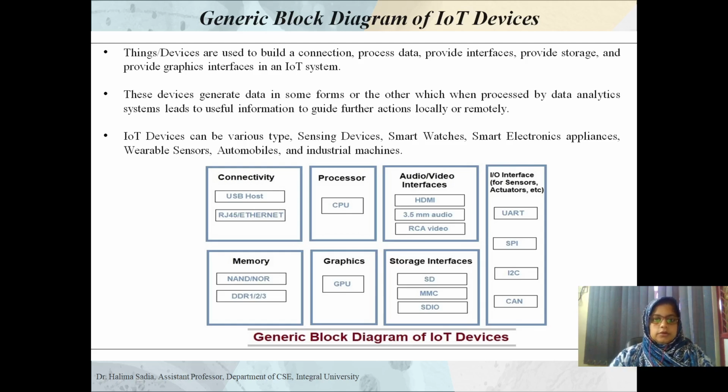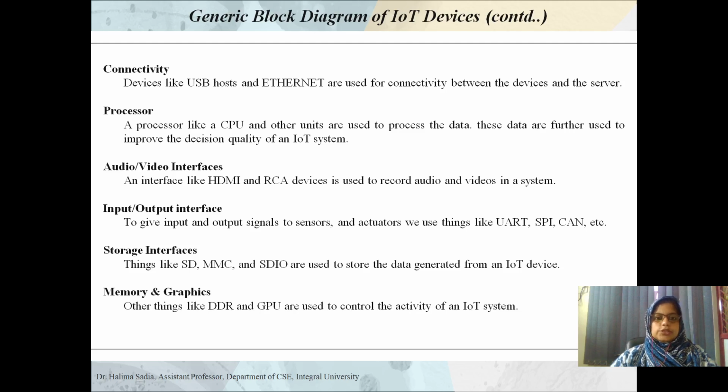If we can have a quick review, then I would like to summarize that the generic block diagram constitutes of connectivity. In connectivity we have USB and Ethernet. For processor we have a CPU. Then for audio video interfaces we have HDMI and RCA devices.